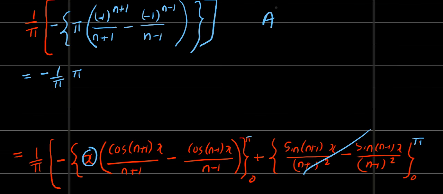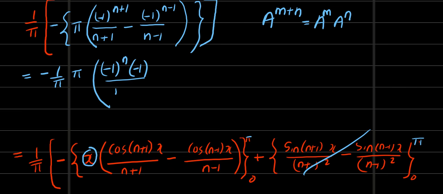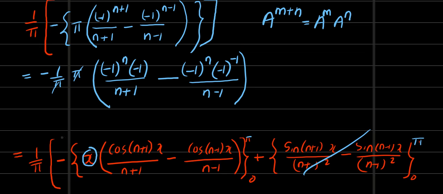I hope you remember a to the power m plus n can be written as a to the power m and a to the power n. So I'm going to write this as minus 1 the whole power n into minus 1 by n plus 1, and then minus 1 the whole power n into minus 1 the whole power minus 1 the whole divided by n minus 1. So these quantities will get cancelled.